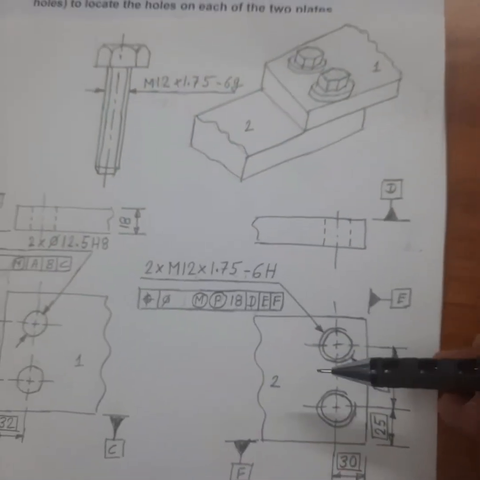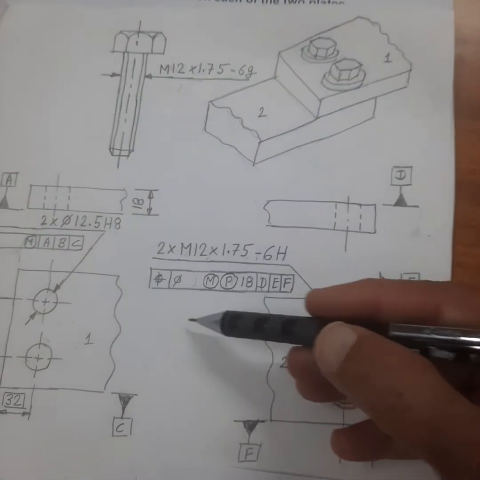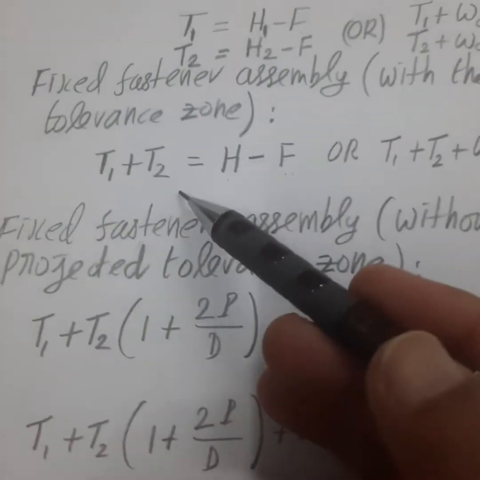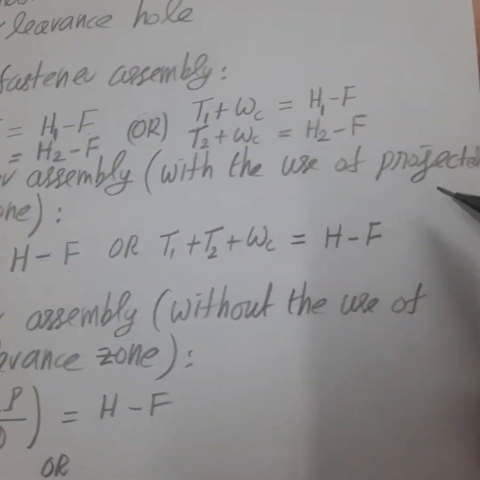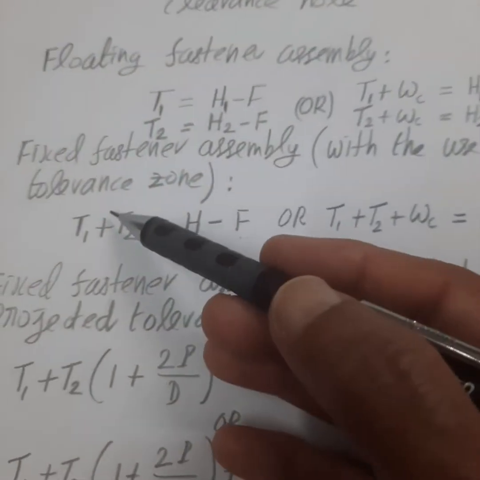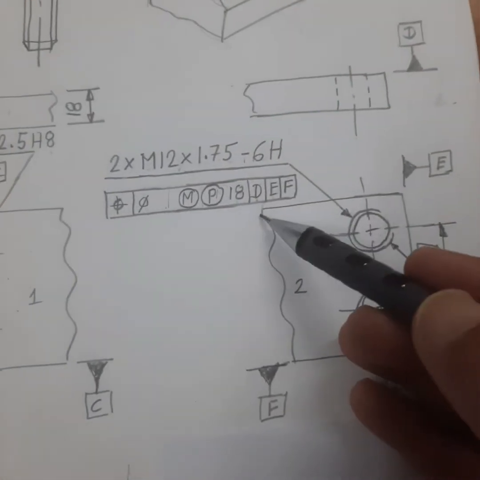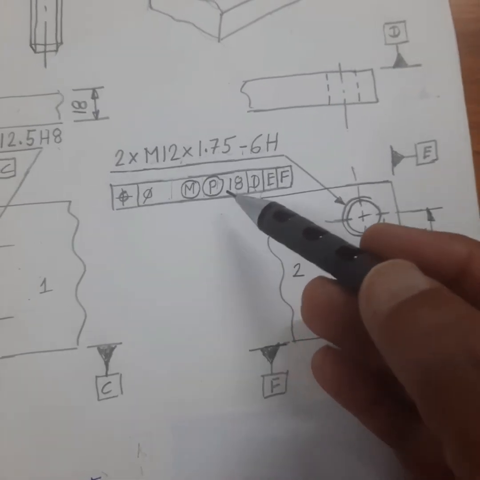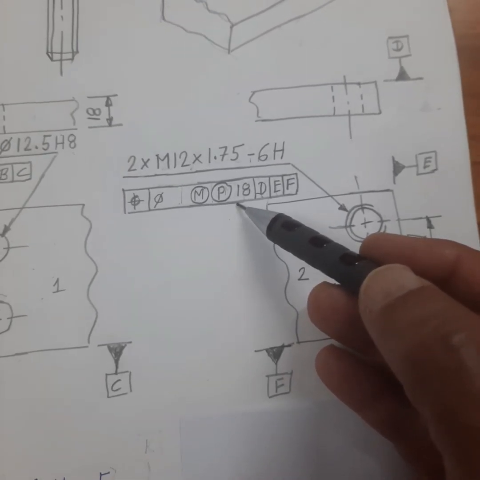Since this is a fixed fastener assembly, the applicable formula is for a fixed fastener with the use of projected tolerance zone. So this drawing is drawn with the projected tolerance zone.